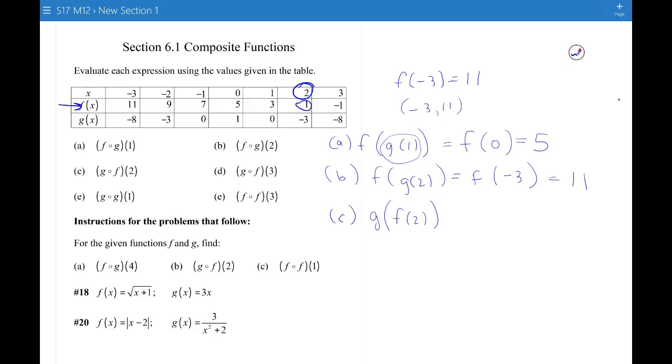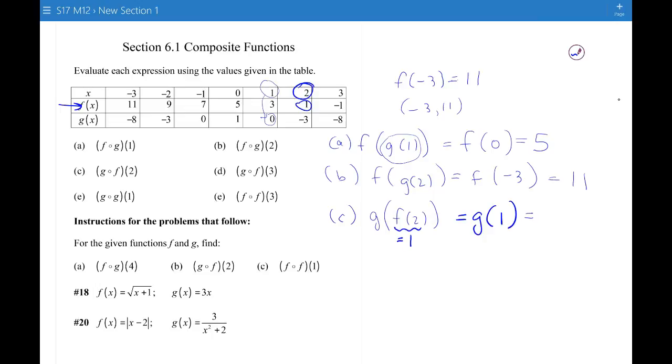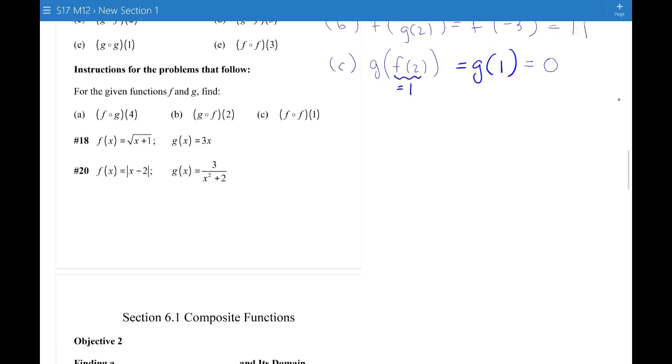So f of 2 is equal to 1. So this is g of 1. So g of 1, here's x is 1. Here's g of 1 is 0. Okay, so think about those and work out a few more, and we'll do some together in class too.